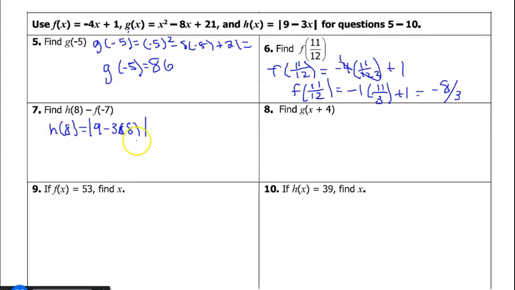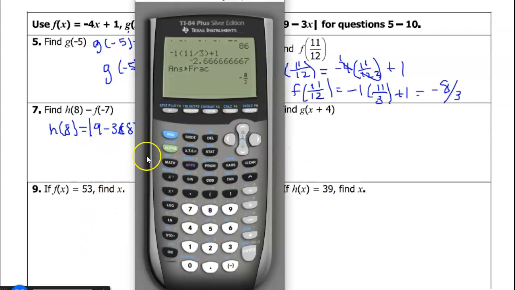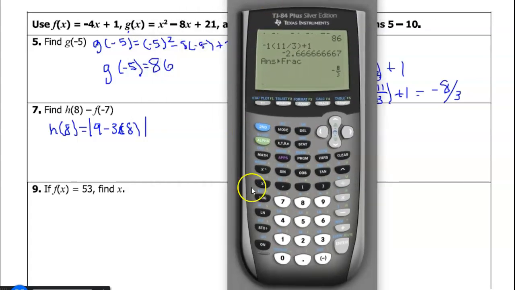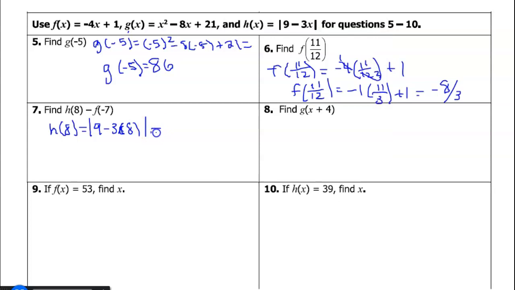Okay, I plug 8 into h. All right, let's go ahead and evaluate that. Well, that is absolute value, we find that in numbers, of 9 minus 3 times 8. 15. Okay, so h of 8 is 15.